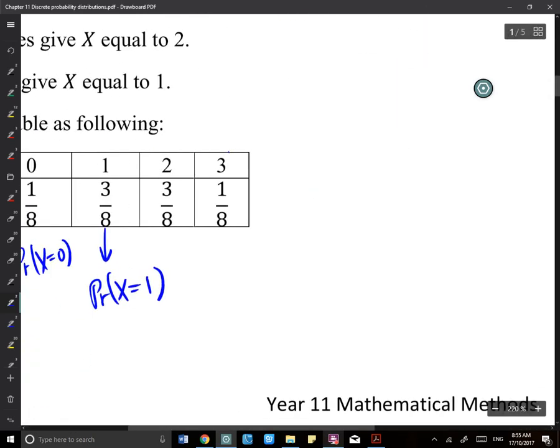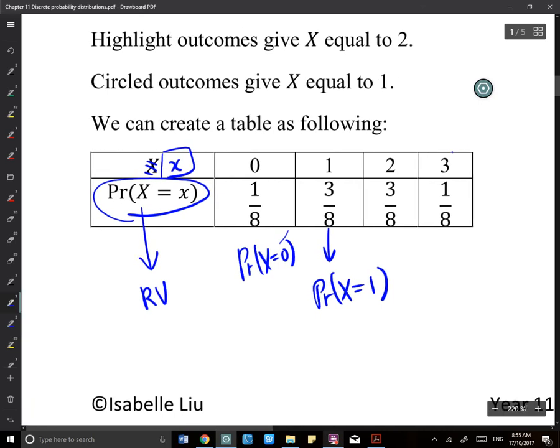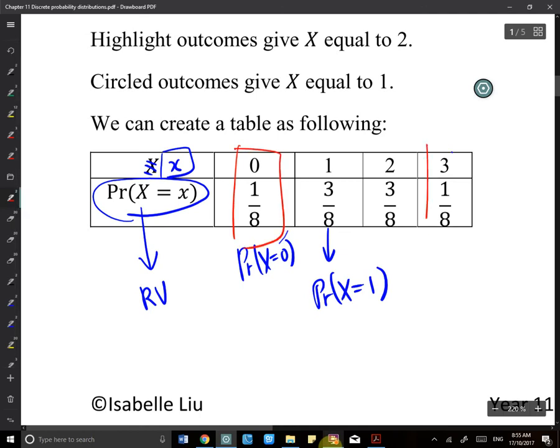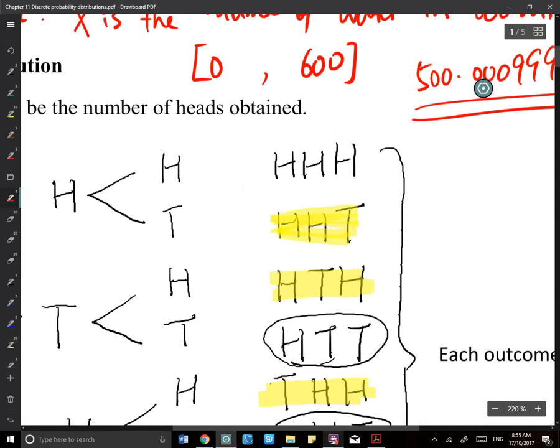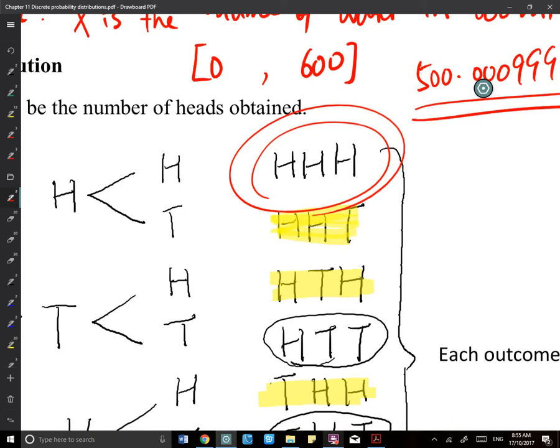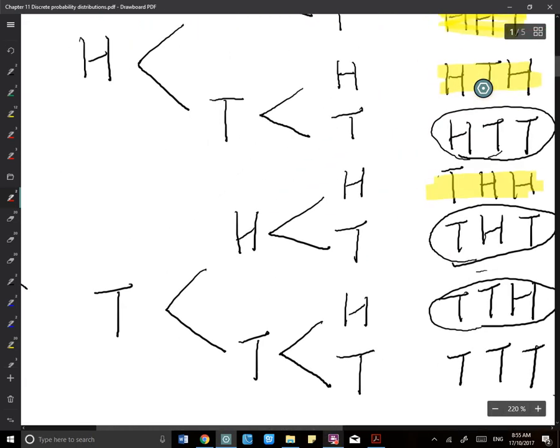Therefore, the probability to achieve 0 heads equals 1 on 8. Similarly, we have 3 heads. 3 heads is the situation on top, the very beginning one. I only have that one case with 3 heads, so 1 on 8 as well.